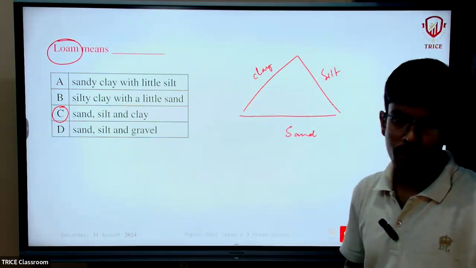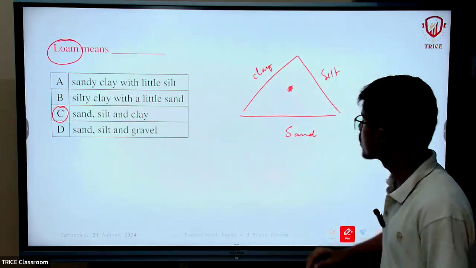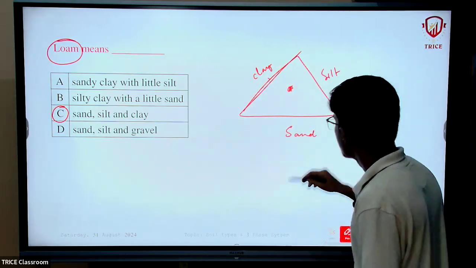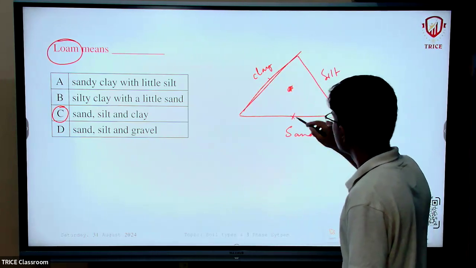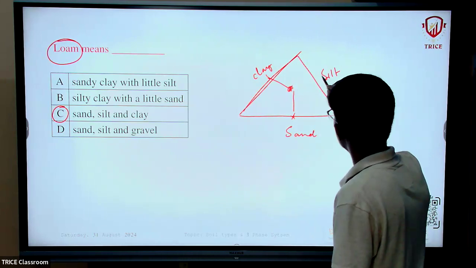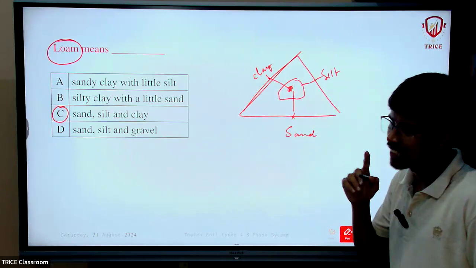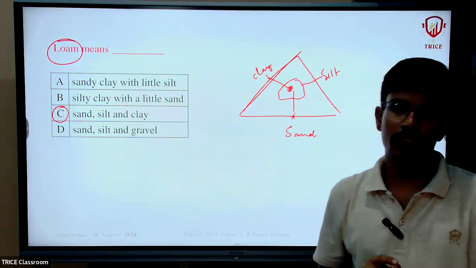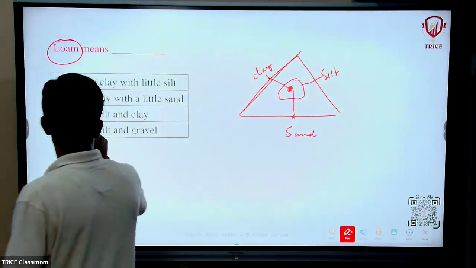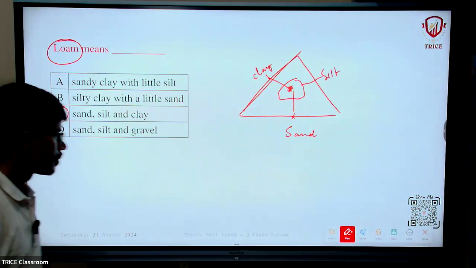The loamy soil lies exactly at the middle point, because with equal proportions of sand, silt and clay, the central part is classified as loamy soil. Loamy soil is the equal proportion of sand, silt and clay soils.